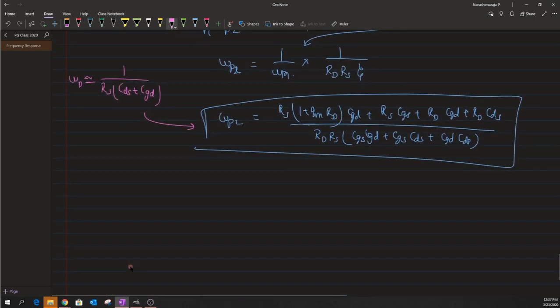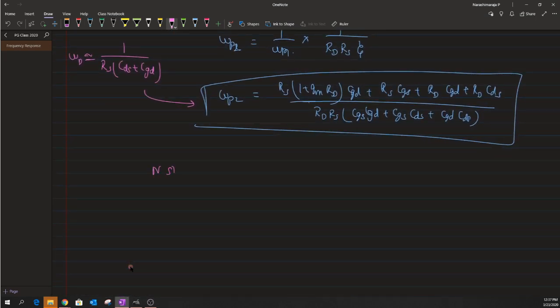Let me write this numerator polynomial as N of s, which is defined as S CGD minus GM, and the whole thing is multiplied with RD. And let me try to pull out this term GM away from this numerator.